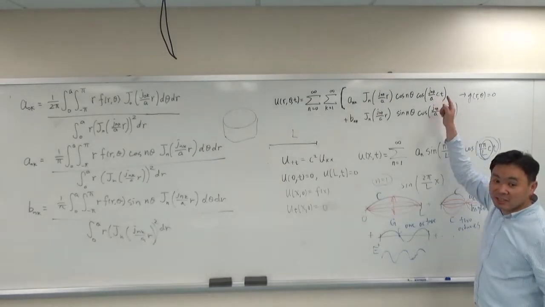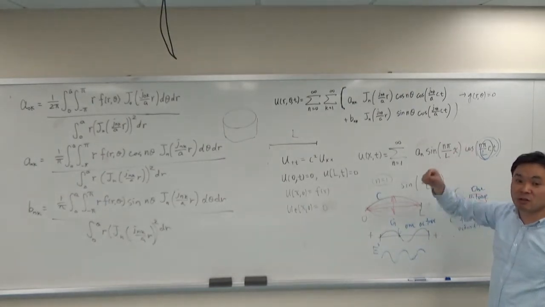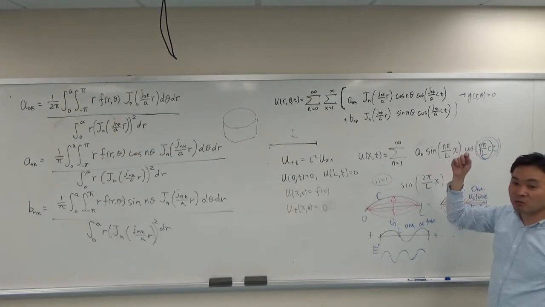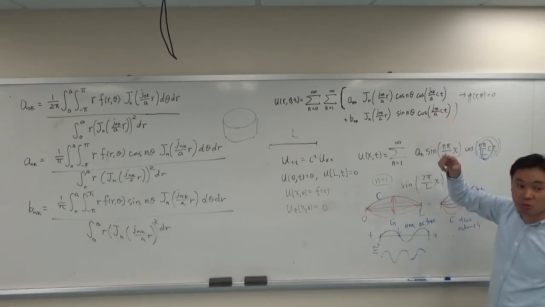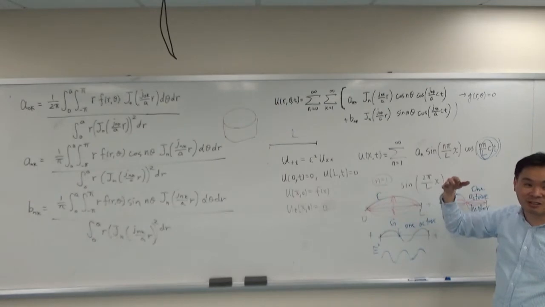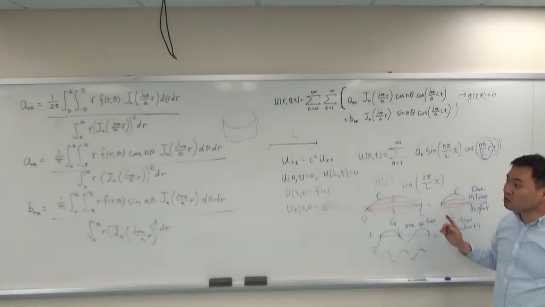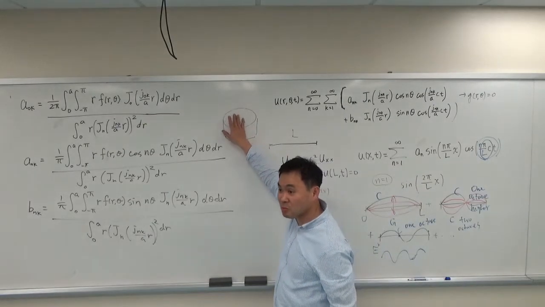You have the very basic 0, 1 mode, and you can have 1, 1, 1, 2, 2, 1, and all these things. Because they rely on the zeros of the Bessel functions, they're actually pretty different. It's not multiples in simple integers like this. So their frequency structure is a lot more complicated.